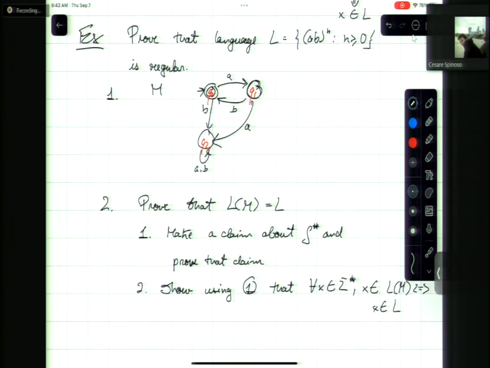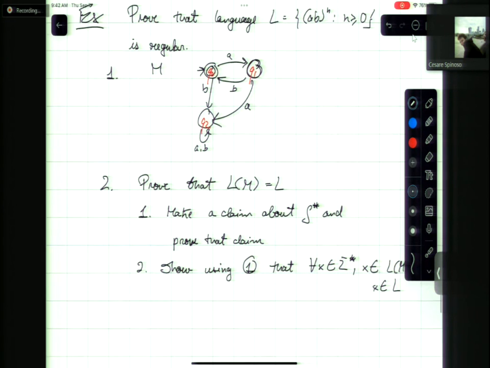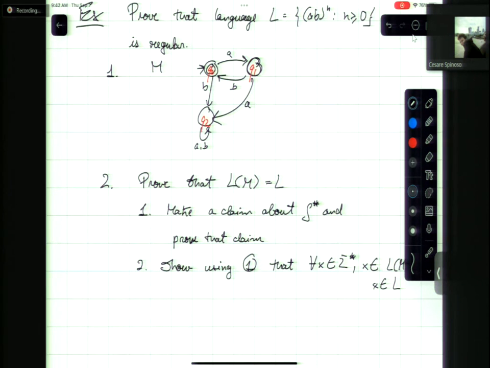Okay, good. Excellent. So what do both of these statements mean? Let me show you how to do this. For the first statement, making a claim about the transition function, this claim needs to essentially say what intuitively you think your machine is doing.